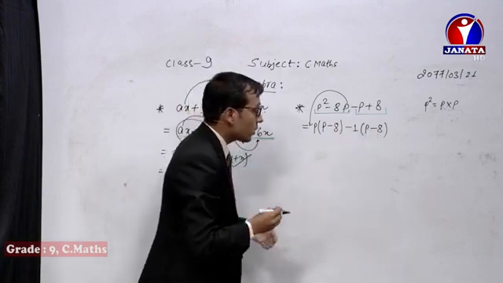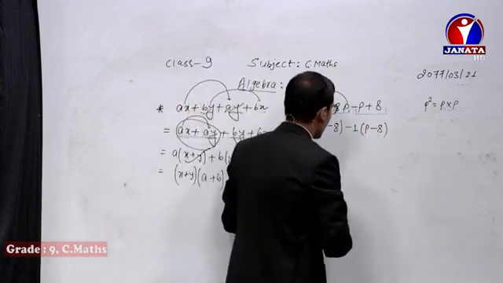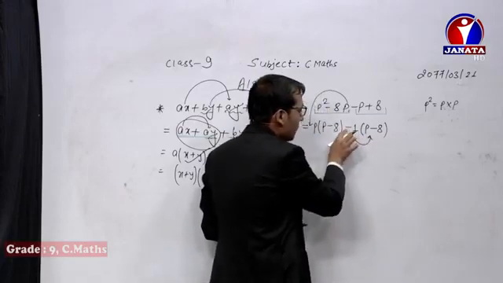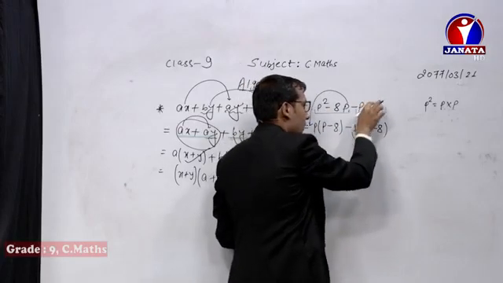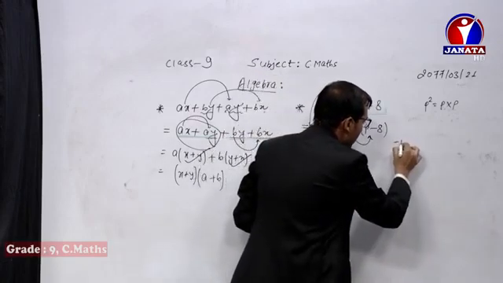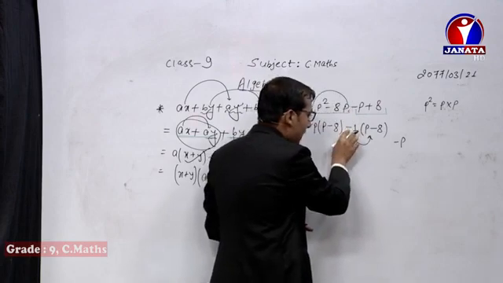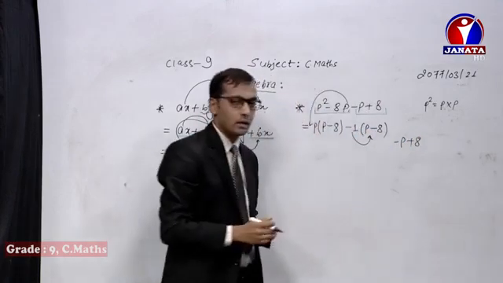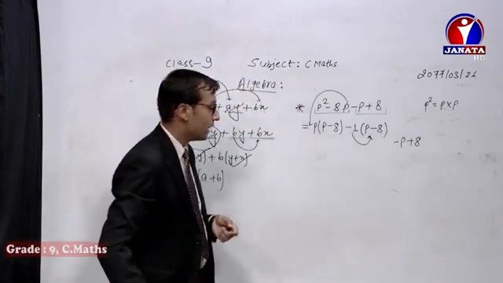Or we can also say this by multiplying. If we multiply minus 1 times p, we will obtain the above expression. Minus 1 times p is minus p, and minus times minus 8 becomes plus 8. It's the same. There should not be any change.